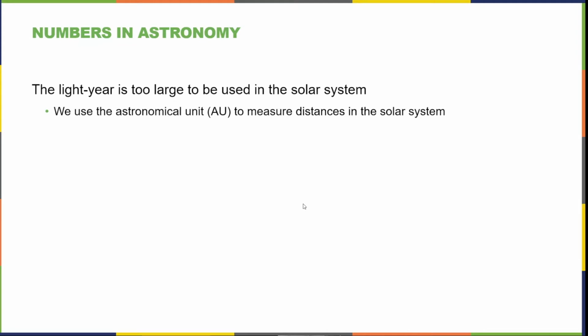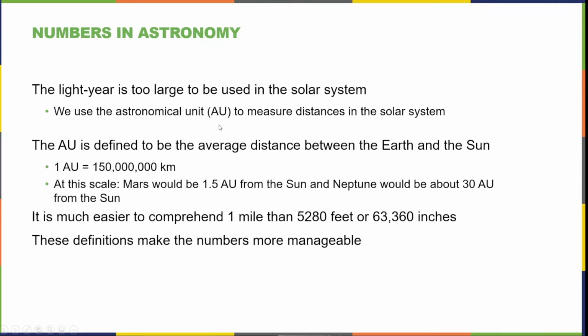In terms of light travel time, it takes about 8 minutes 20 seconds for light to get here, so it would be 8 light minutes. Instead of that, we use the AU, the distance from Sun to Earth, which in kilometers is 150 million kilometers.